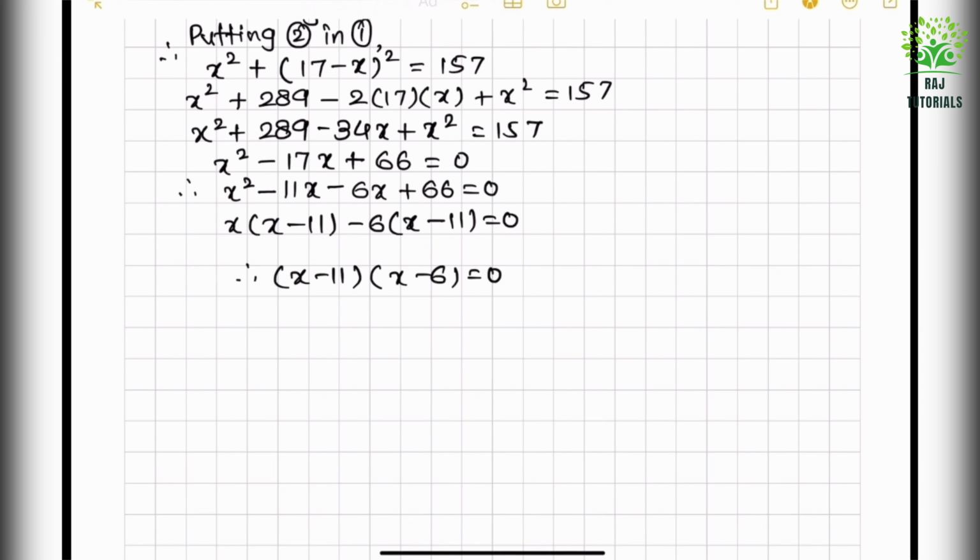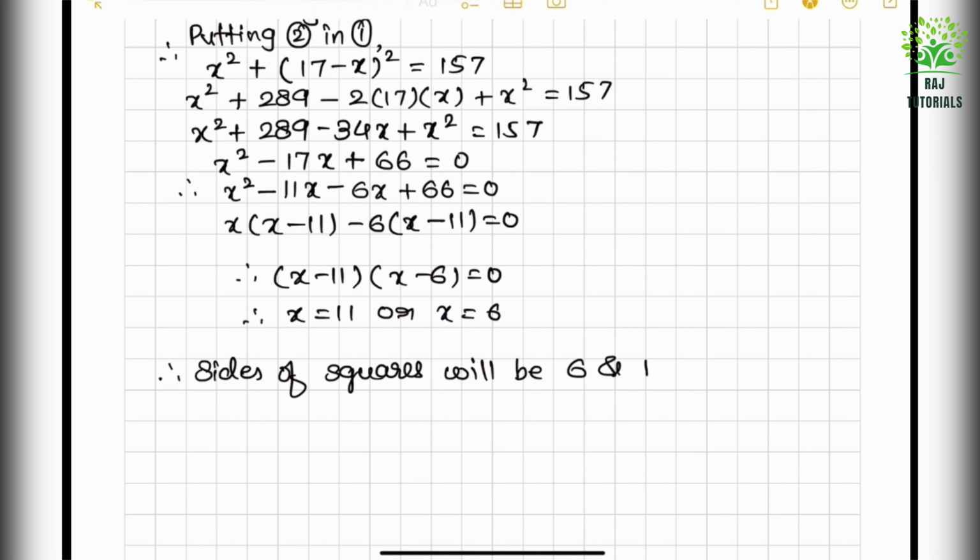Therefore x minus 11 or x minus 6 will be 0. Therefore x equal to 11 or x equal to 6. So I can say the sides of the squares will be 6 and 11 respectively.